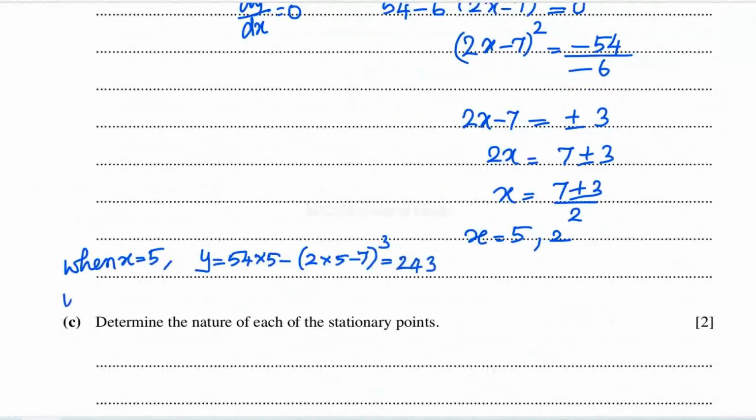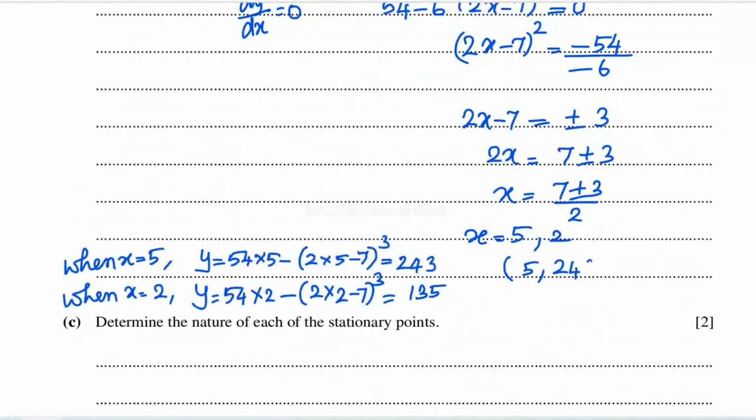And when x equal to 2, y is equal to 54 multiplied by 2 minus 2 multiplied by 2 minus 7 the whole cube, which is equal to 135. So the coordinates are 5, 243 and 2, 135.